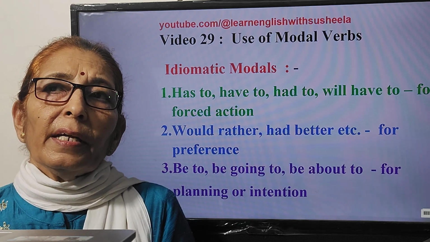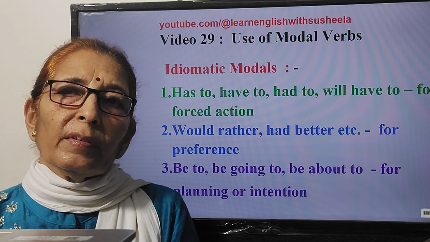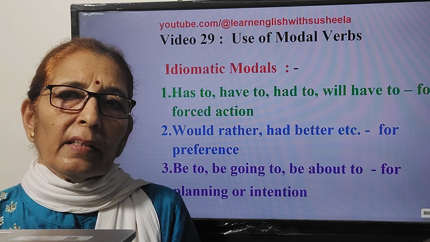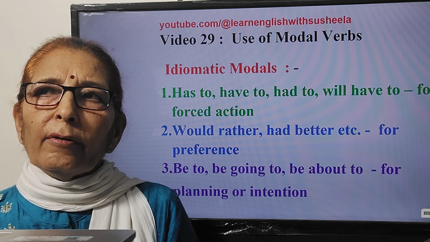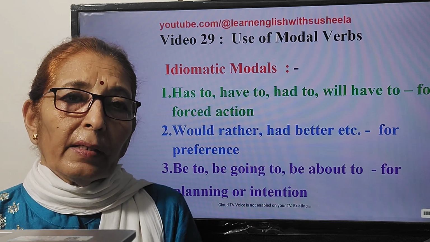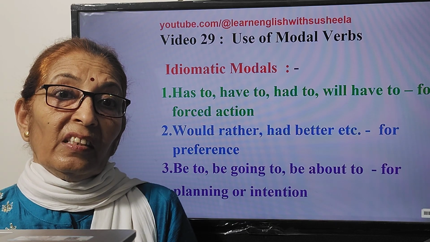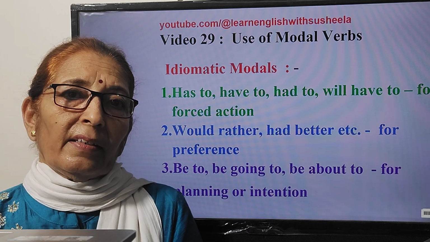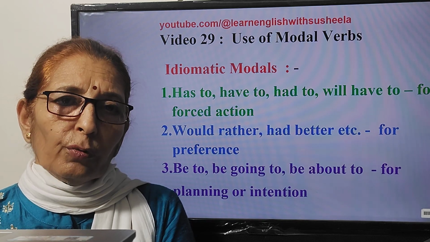Last type is idiomatic modals. They are also divided into 3 categories. First category, where we use has to, have to, had to, or will have to. They are used for forced action, just as he has to work hard to help his family. See here, has to, he is forced to do that.